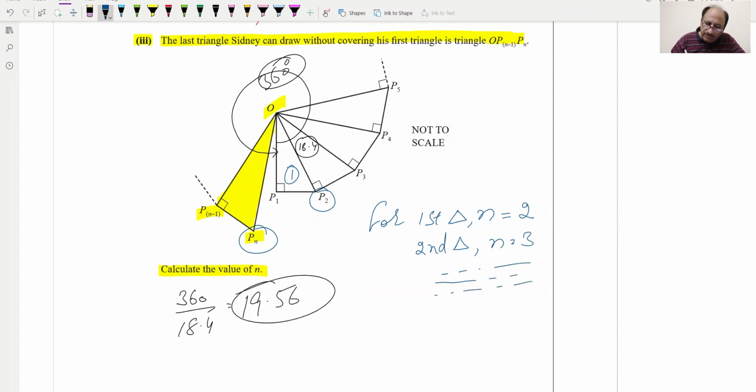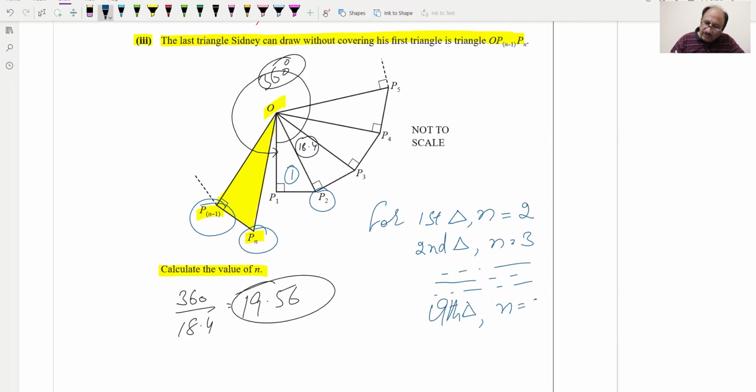For the n minus 1 triangle, for the 19th triangle we can check.